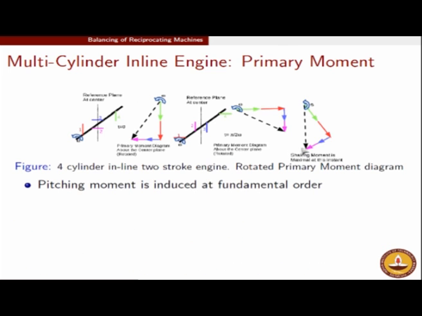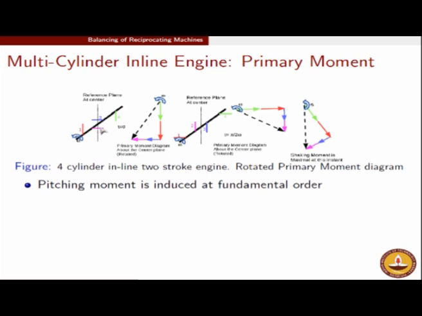In the next 1 minute that we have, we can take a quick look at the moments also. Just like we did the moment diagram for the rotating unbalance, we can do the moment diagram for this case also, with the understanding that we have resolved the system into a system of rotating unbalances. For this we take the reference plane right at the center of our engine.